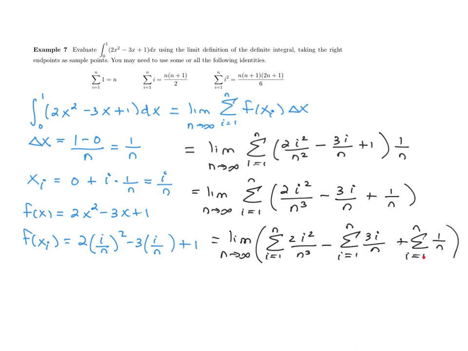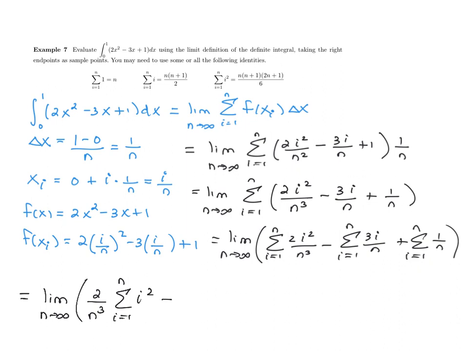Now, in each part of these sums, anything that does not depend on i can be factored out. So this is the limit as n approaches infinity of, in that first sum, we can factor out 2 over n cubed. And then left over, we have the sum of i going from 1 to n of just i squared.